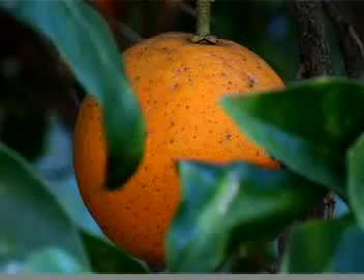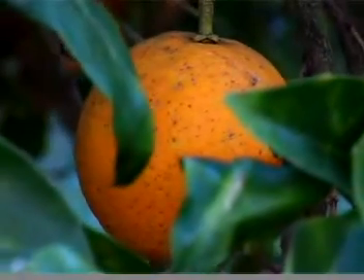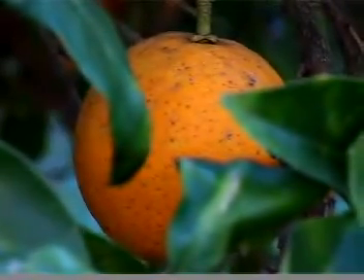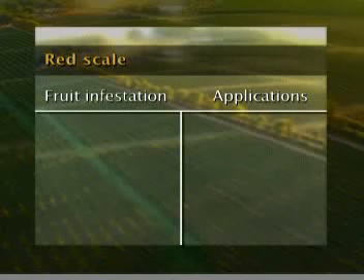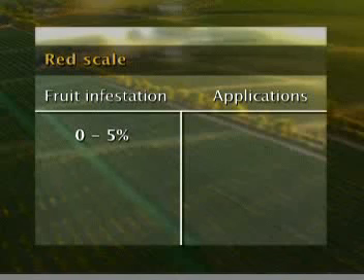Therefore, the decision about whether one needs to do anything for red scale control and what one should do should be made at the start of the season. This would be based on a blemish factor analysis which is conducted at the end of the previous season. If at harvest between 0 and 5% of fruit are found to be infested with red scale, then a single treatment of whatever the grower's choice is should suffice for controlling red scale.